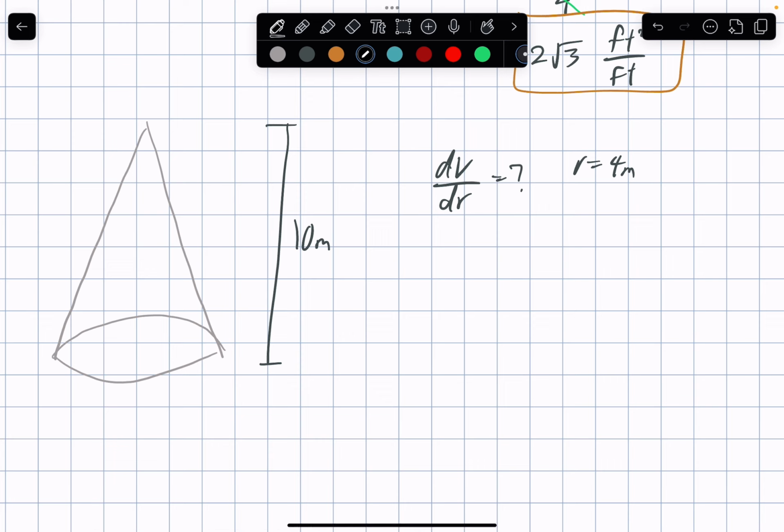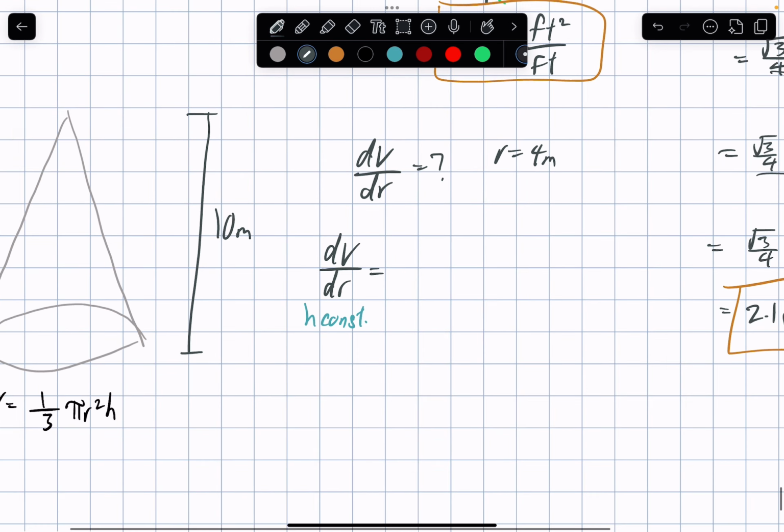Now, the formula for the volume of a cone is 1 over 3 pi r squared h. So we want to find the derivative with respect to r. That means we render the h as a constant when we derive.